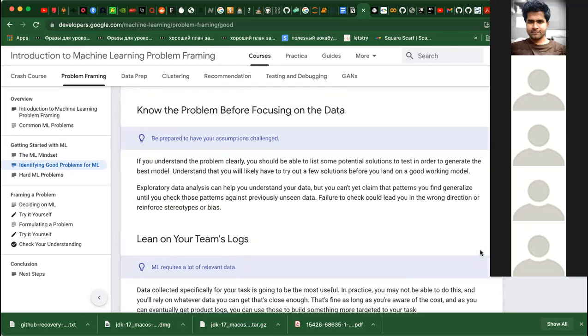And also we need to think about how we can solve this problem. So we should have in mind some ways that we want to check. In terms of machine learning problems, it is what type of model you want to use, for example. And it's not that you know exactly that this model will work.